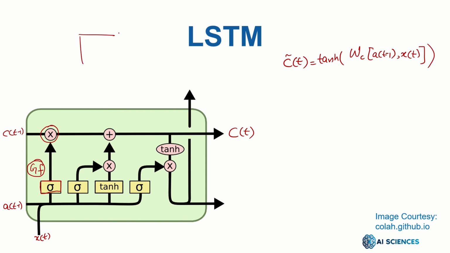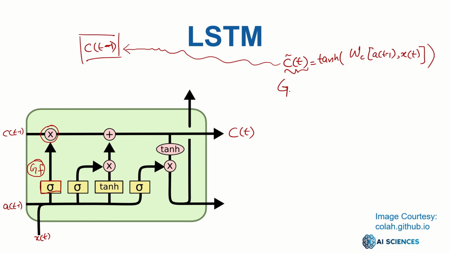Consider a memory cell. Already the memory cell contains the information C of t minus 1, and that's exactly the short-term memory. And this is the information that is a candidate to update this memory cell. Now, whether this information is allowed to update this memory cell or not is decided by an update gate.